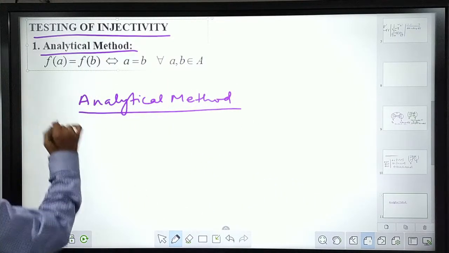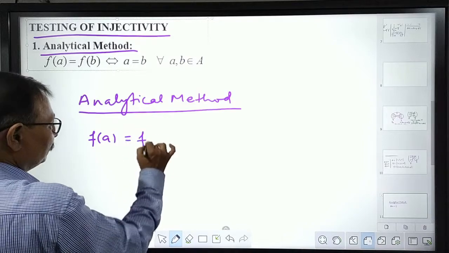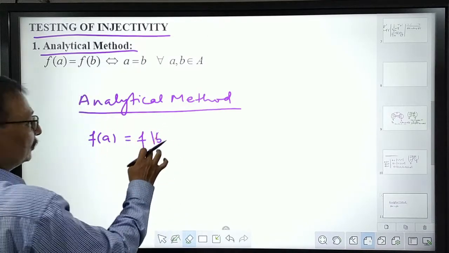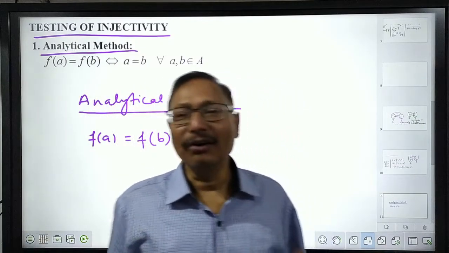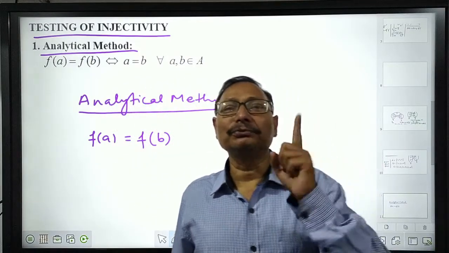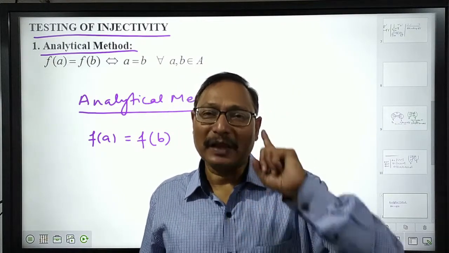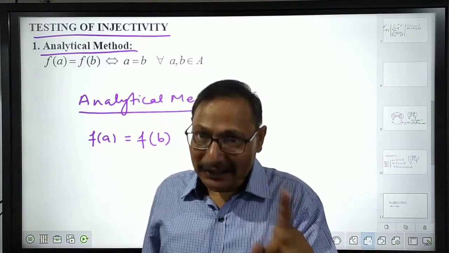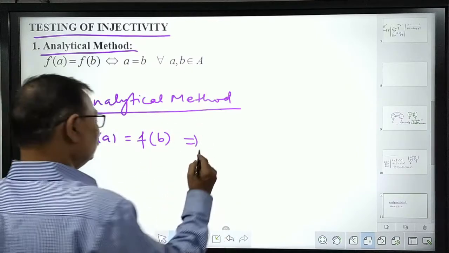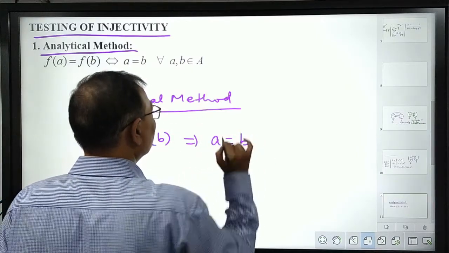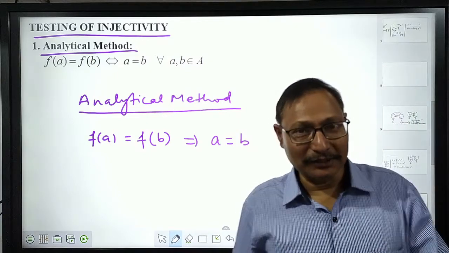Under this, we say that if the image of a is equal to the image of b, that is, if it is given to us that the images of two elements of the first set are equal, and we come to the conclusion that a is equal to b, then there is no violation of the condition.